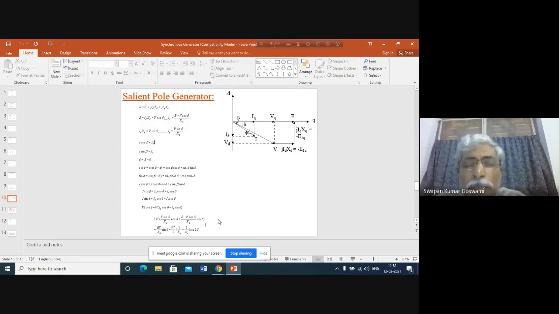This means dP/dδ, the synchronizing power coefficient or stiffness, for the salient pole machine will be somewhat higher than the cylindrical rotor type machine. Am I clear?